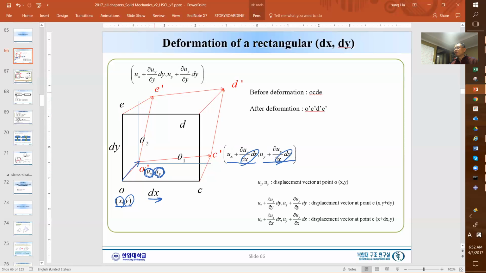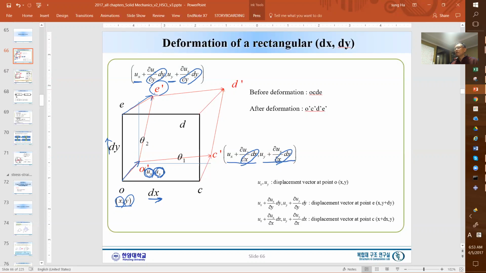Now E will move to E prime, and let's indicate the displacement in terms of infinitesimal displacement, ux and uy, again the same as before. Now we change it in the y direction, so this displacement will have a y increment, and uy also a y increment. This gives E prime a new coordinate.